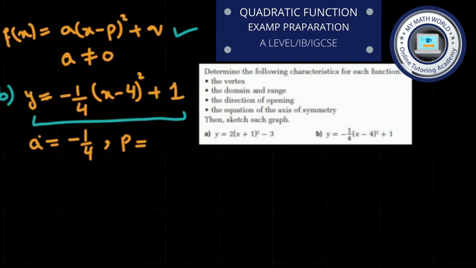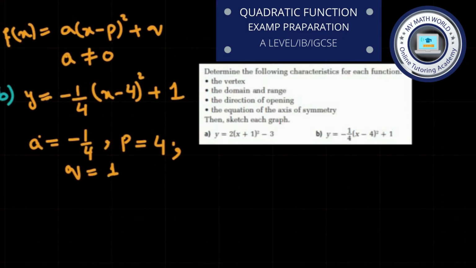Be careful with the signs. So p would be positive 4 and q value is going to be plus 1. Okay, so a is minus 1 over 4, p is positive 4, and q is positive 1.